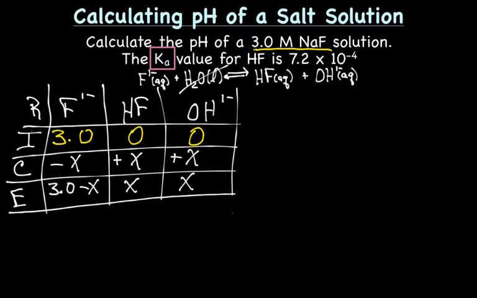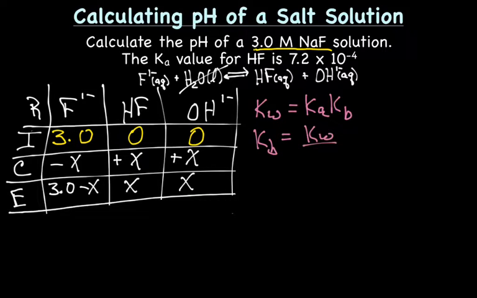Okay, so we were given the Ka value, but being that we're looking for OH, that means we're going to need the Kb value. So we know that Kw equals Ka times Kb. So Kb would equal Kw over Ka.